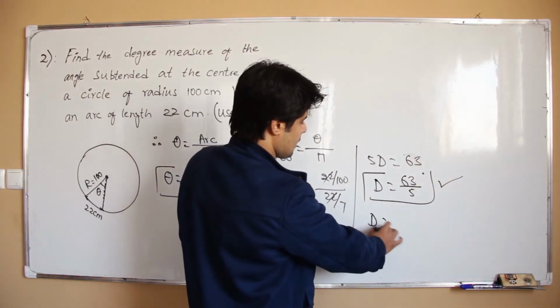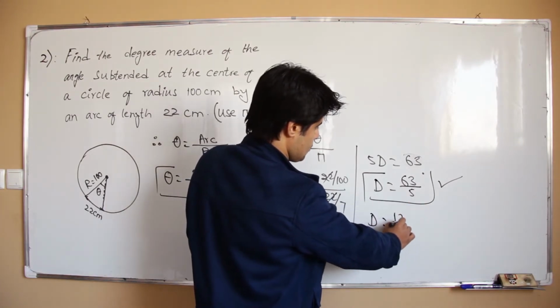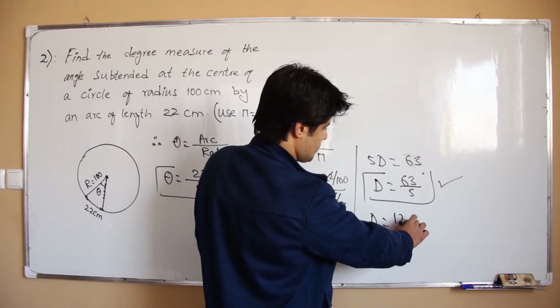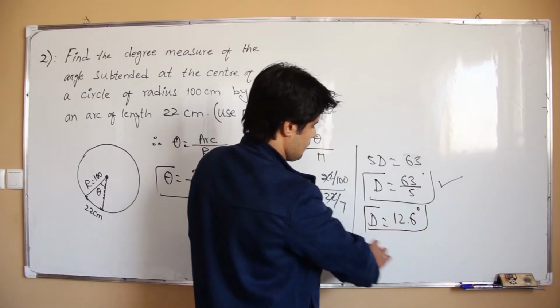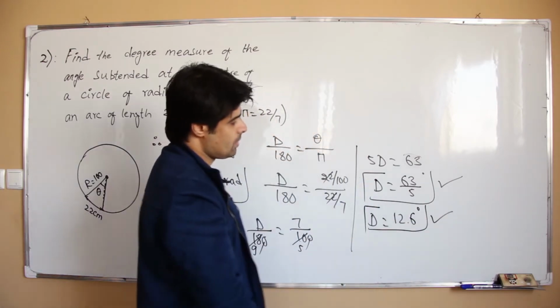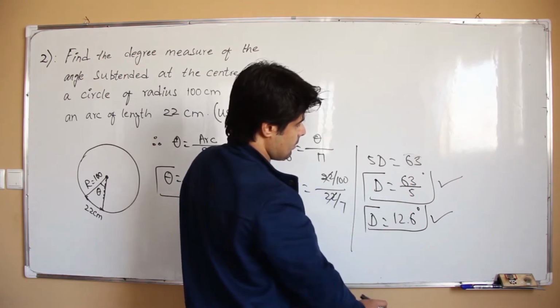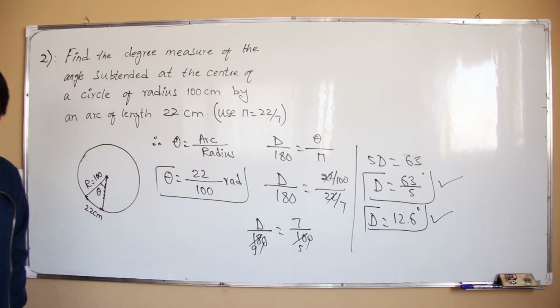If you want to cancel, you will have 12.6 degrees. 60 divided by 5 is 12, and another 3 remaining, it's 6. I'm sure that you have got it. Write it, please.